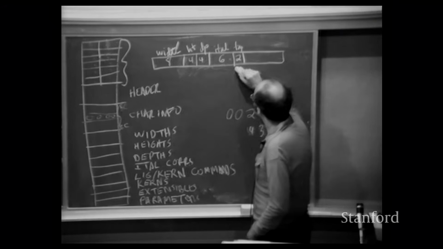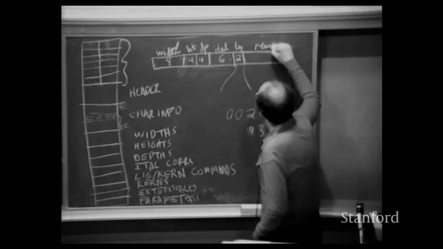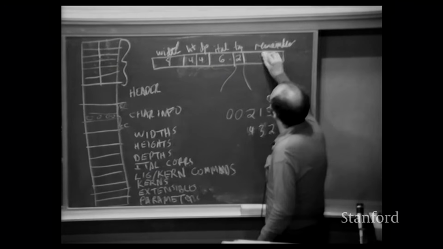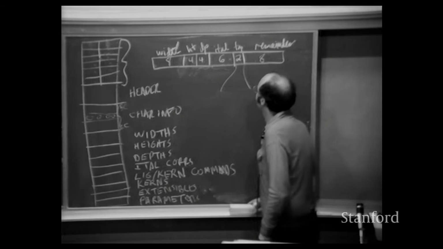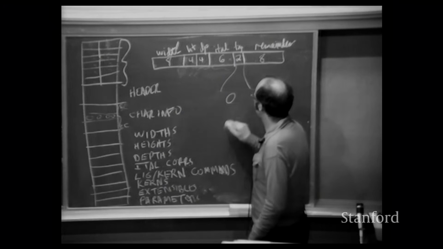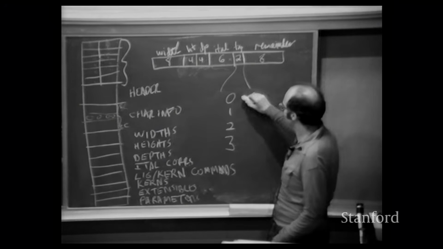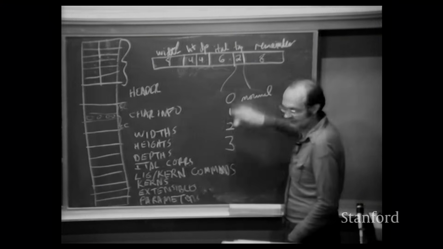Then the tag field, which has 4 values, and then there's the remainder field, which is sort of like a parameter to the tag, 8 bits. Now the tag has 4 values: 0, 1, 2, and 3. 0 is the vanilla case, the normal case, and almost all characters have a tag of 0.